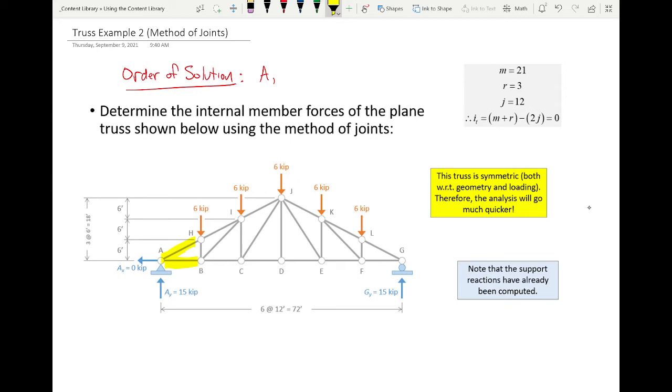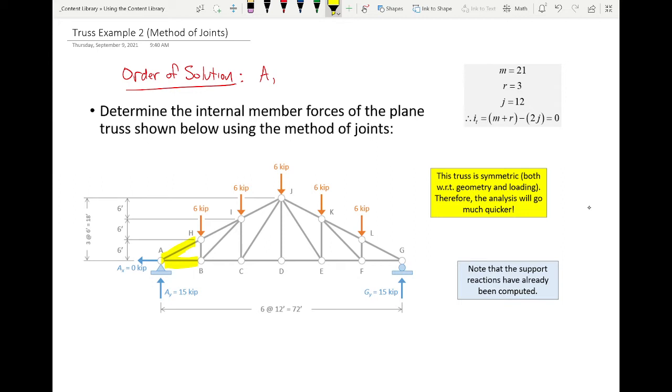Let's talk about that. Is there a necessity to solve G? No, because if I solve joint A, let's just make up some numbers. If I get that this member has 27 kips in tension, what does this member have? 27 kips in tension. So as long as I have solved one side, I know what the results are over here. So I guess the best way of saying it is my first joint is either A or G, depending upon which side you want to do.